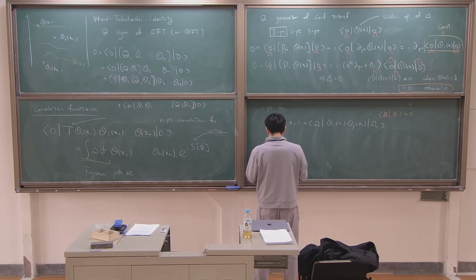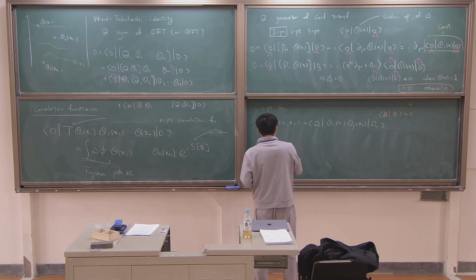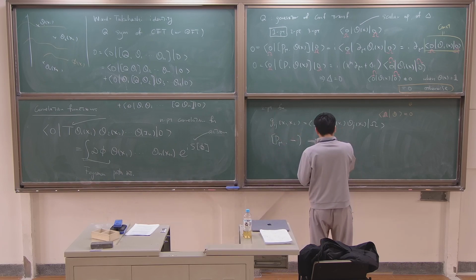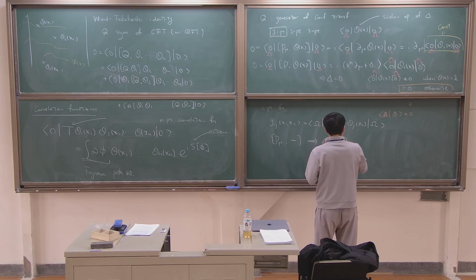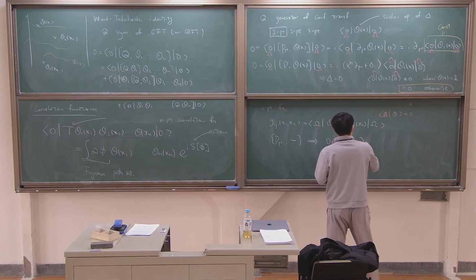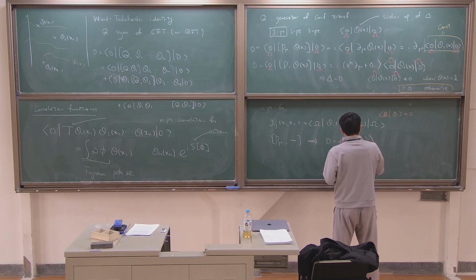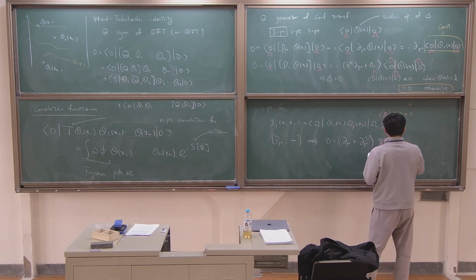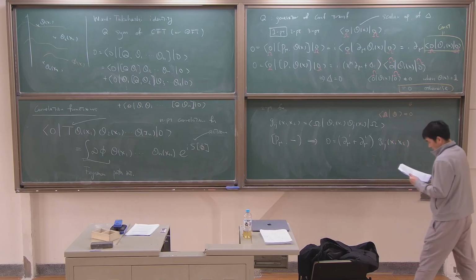Okay, and then we do the same exercise. So the commutation relation with the momentum will give you the following: 0 is equal to the operator P_mu acting on G_ij(x1, x2) is equal to 0.